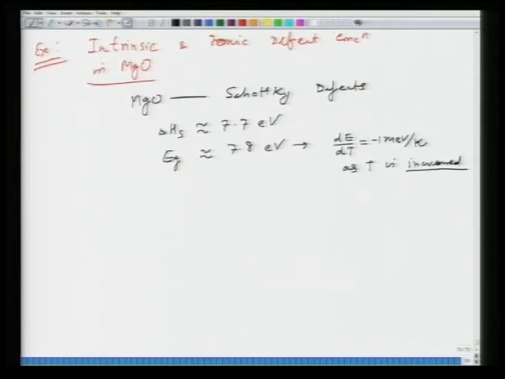Basically, your band gap is going to decrease as you increase the temperature.